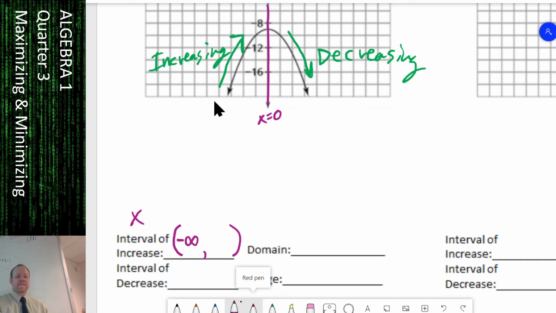So we can go forever in that direction, but there is a certain point that we hit. What x value do we hit right here where it totally goes flat and it's not increasing anymore? Maybe that one.